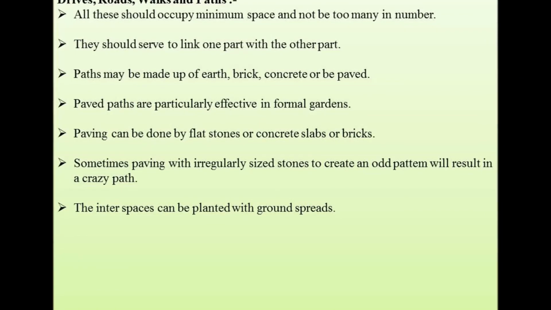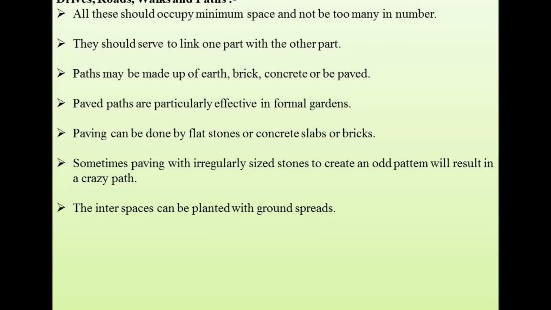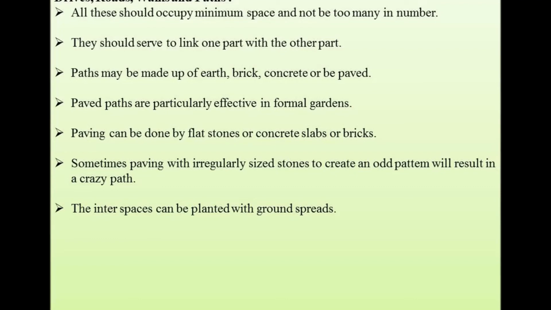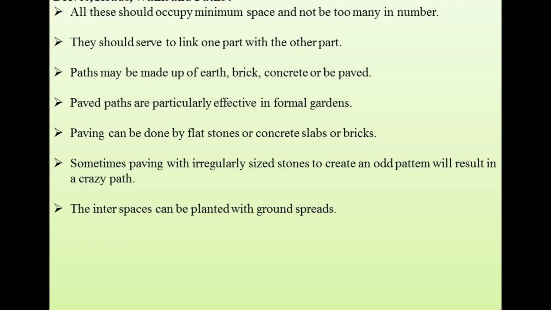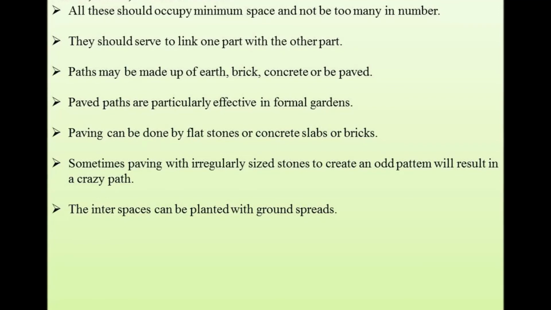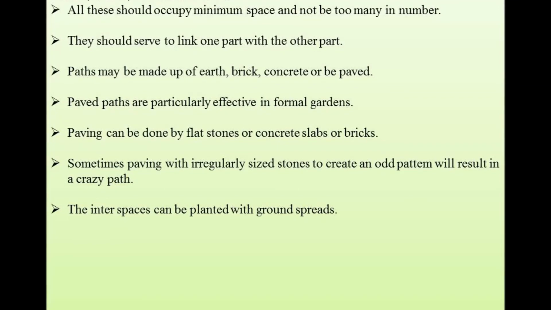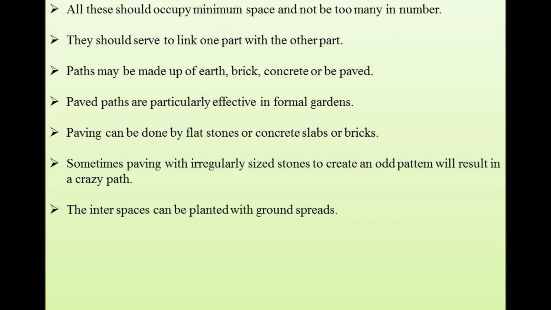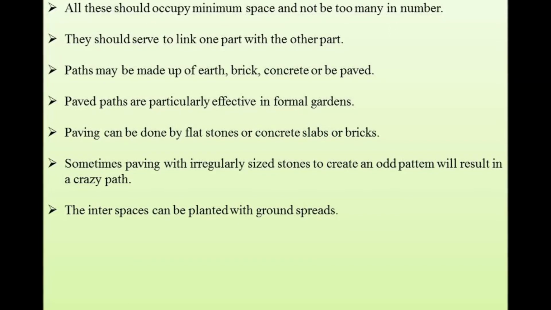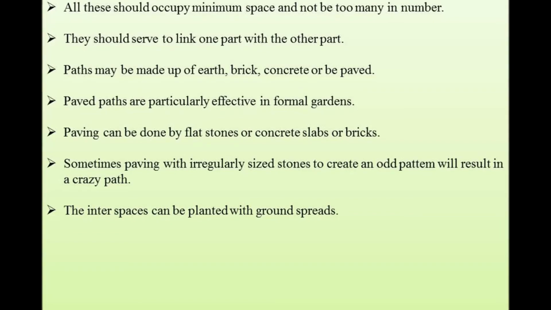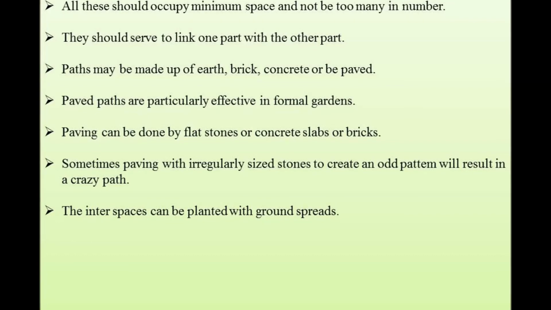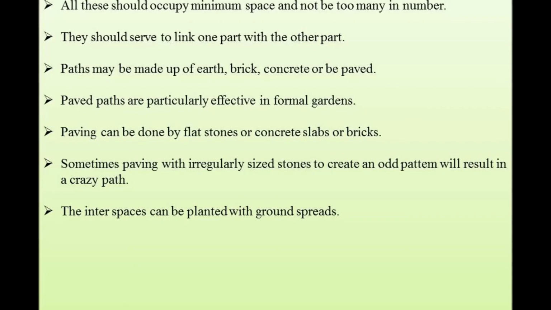Paths may be made of earth, brick, concrete or pave. Paved paths are particularly effective in an informal garden. Paving can be done with flat stone, concrete slabs or bricks. Sometimes paving with irregular size stones creates an odd pattern, which results in a crazy path.